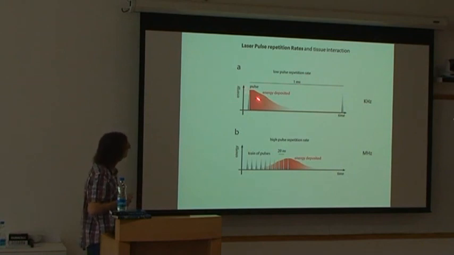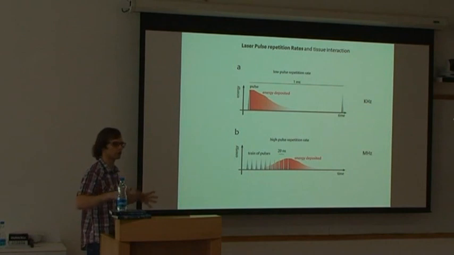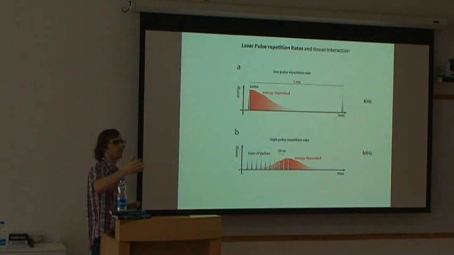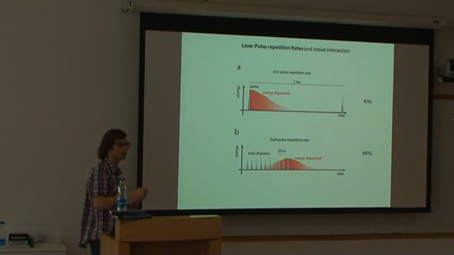This energy will go down with time, will diffuse in the tissue, before the next pulse comes. So the pulses are separate from one another, and you will have just the effect of what each pulse normally does.